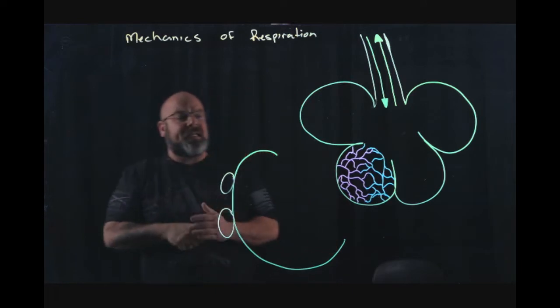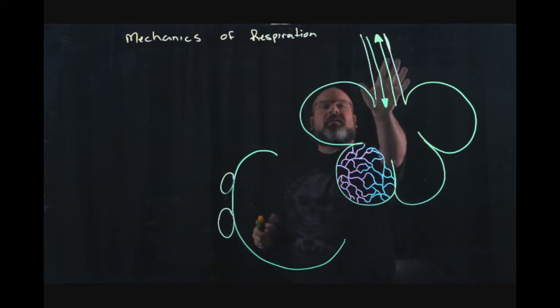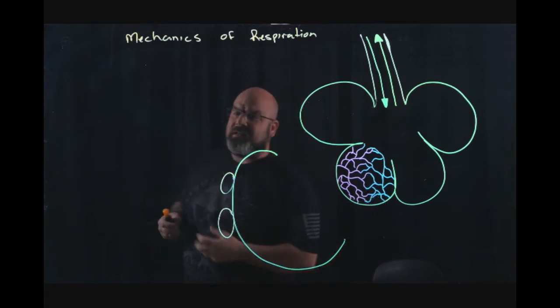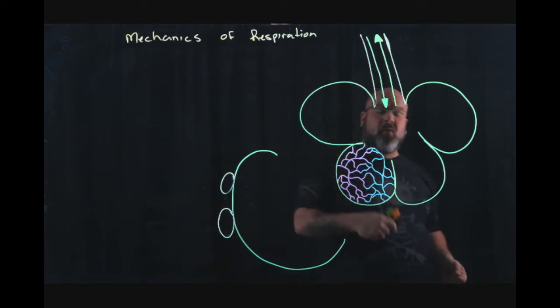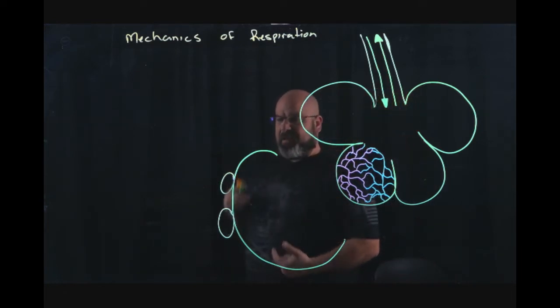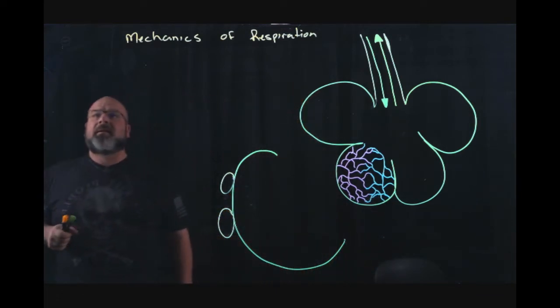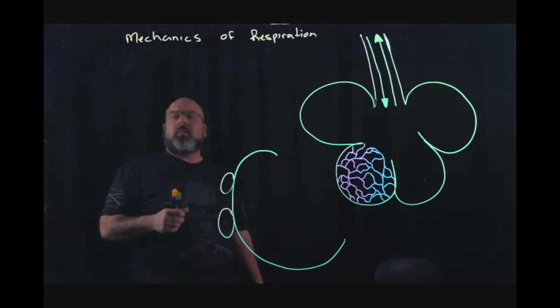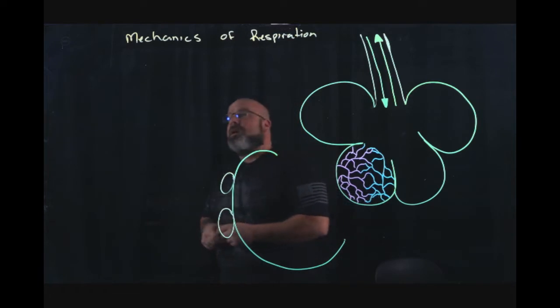So as the body needs, it will increase blood flow to the capillary beds within the lungs, and/or it will increase the size of the bronchioles, allowing more air to get to the alveoli and more blood to reach the capillary beds for gas exchange, depending on the body's needs at the time and under the circumstances. That's part of this, obviously.